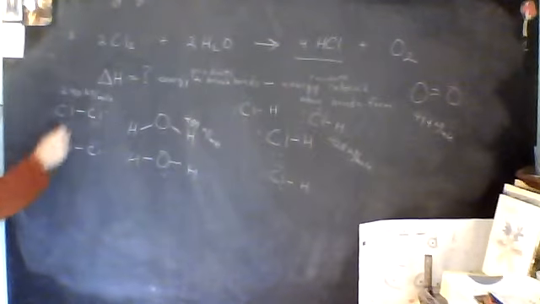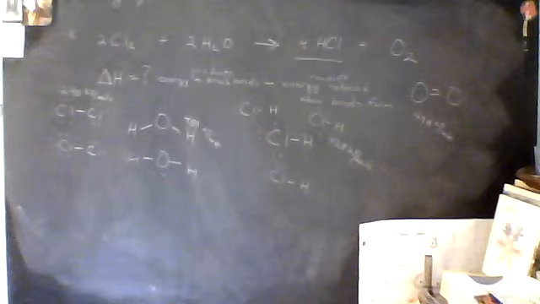How many of these bonds do we end up having? All of these energies are going to have a coefficient depending on how many bonds there are of that and how many moles there are, right?